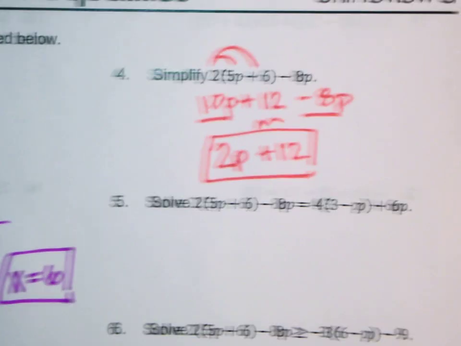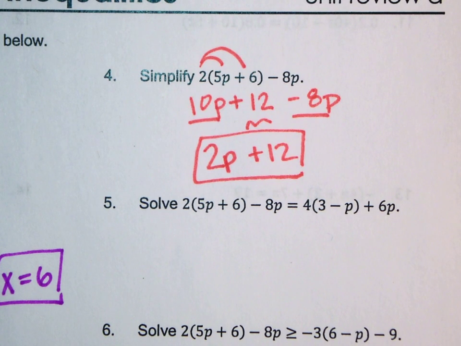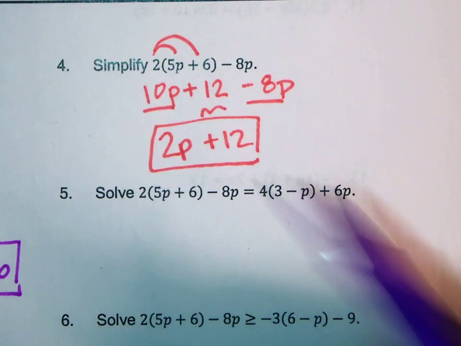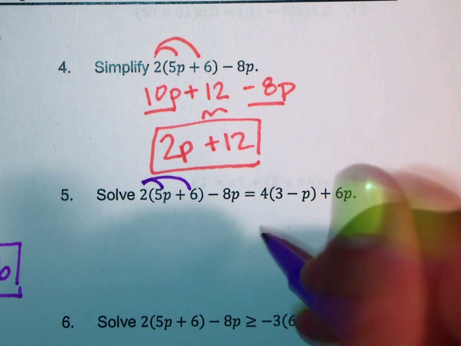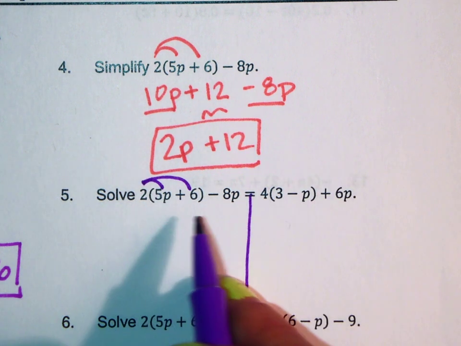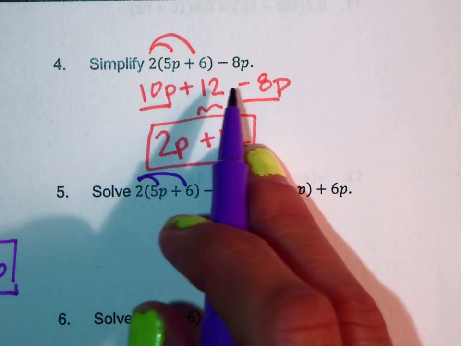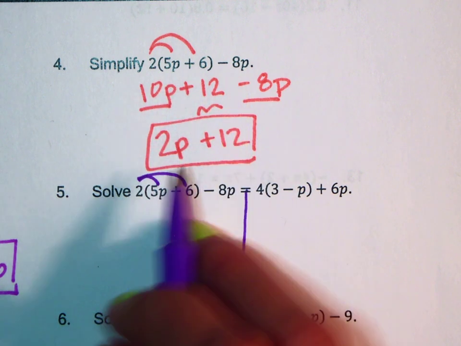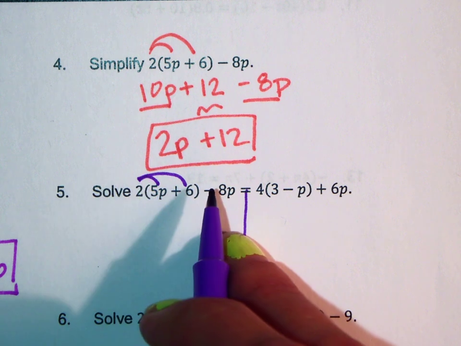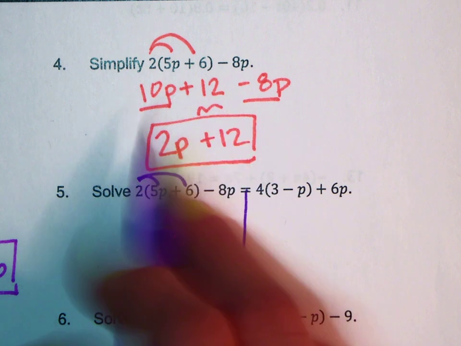Okay, so let's look at this solving one over here. All right, so once again, your first step is going to be to distribute. So if you look at everything on the left side of your equal sign, it is the same problem as number 4. All right, so that's just to show you that your simplifying is what you do in your solving step in the beginning. All right, so you're just simplifying one side of it.